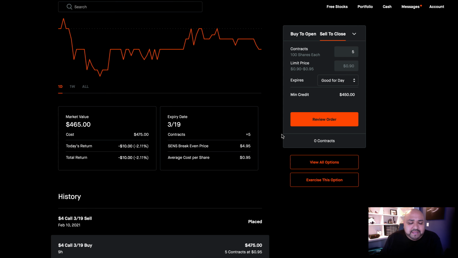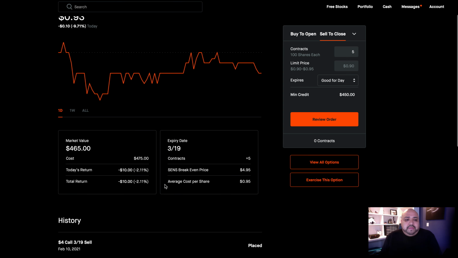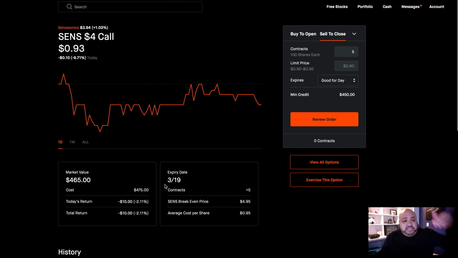So as you can see, I'm losing $25. But I'm going to keep it there, and you can hold on to this contract into the expiration date, which is the date you select, which is March 19. Now, if this stock continues to go down and I don't see a profit, I could sell and just take whatever I lost, or you could hold it until this day comes up in hopes that it went up to that point.